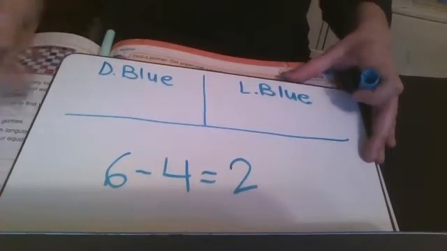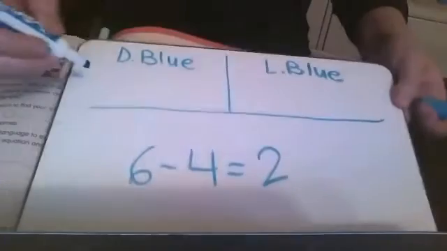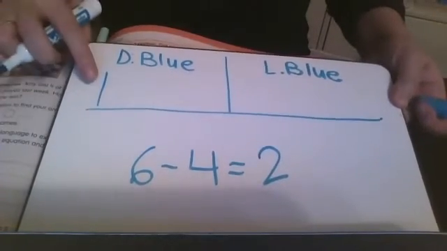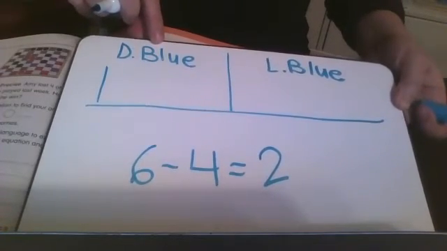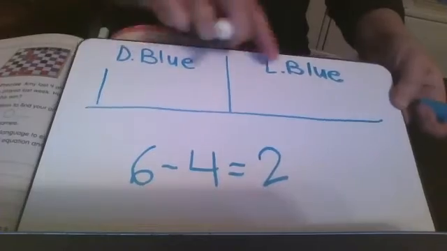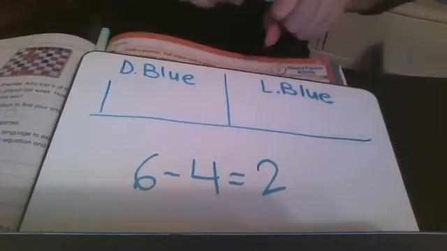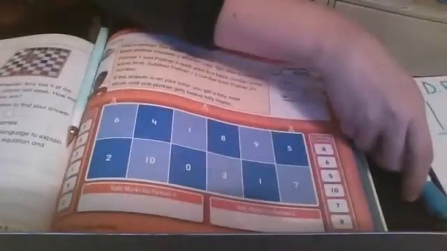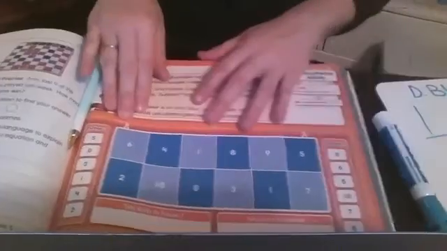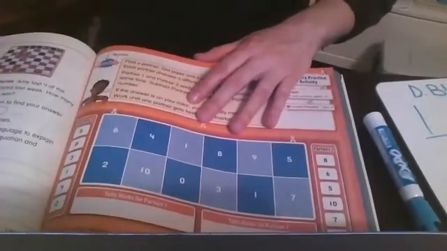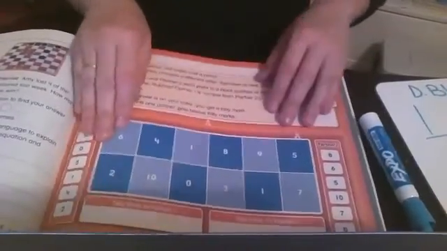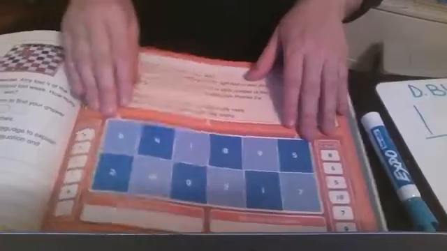Okay, so dark blue is where my difference was. So I'm going to go ahead and put a tally mark here under dark blue. Okay, so that's how you can play the game if you don't have a partner with you, or maybe, you know, sometimes your grown-up is there, but they have lots of work to do too. So this is a way that you can play on your own.